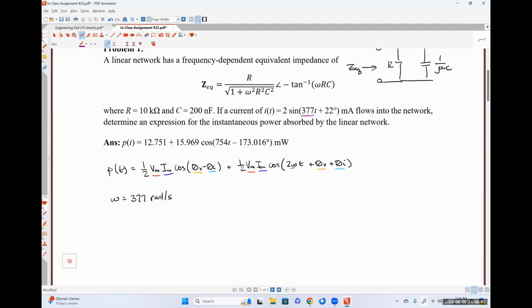What's Im? The magnitude of our current waveform. Two. 2 milliamps. And that was given to us right here.